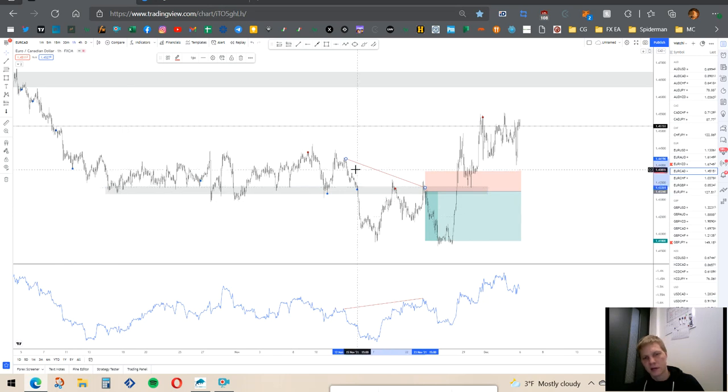I got support turned resistance. So this is a resistance level for me. Got an M here, and the sell signal here, at the first top, if you want to call it that, at the first leg of an M.